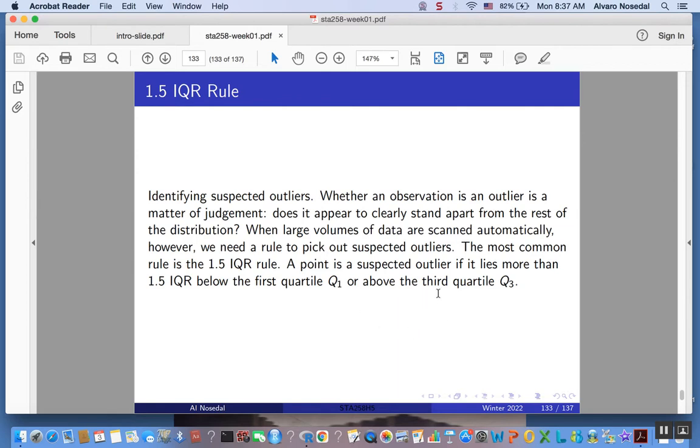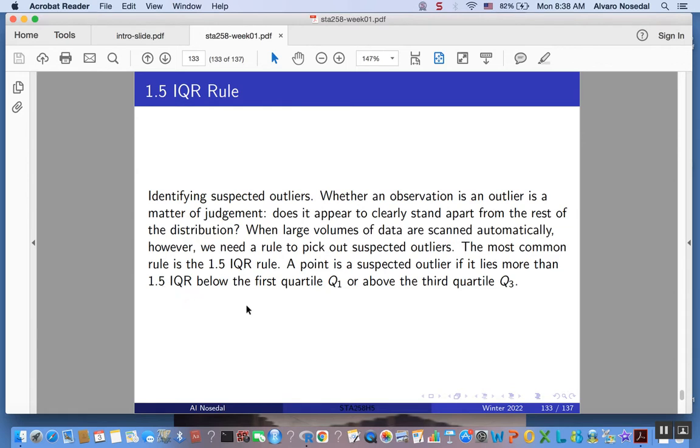Let me write it down here. We're going to compute something called the upper fence, which is going to be Q3 plus 1.5 IQR, and the lower fence is going to be Q1 minus 1.5 IQR.